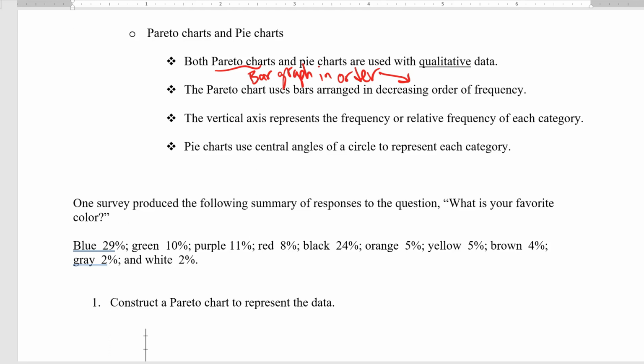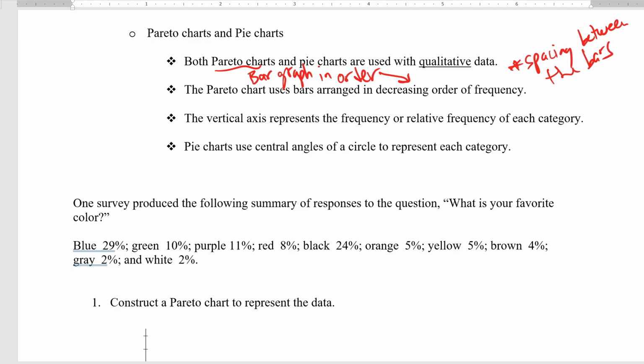So if I have numbers, I put them on the histogram and have all the bars pushed together. With this bar graph, we are going to have spacing between the bars. Make sure we have spacing between the bars, because it's not quantitative data, we're dealing with qualitative data.